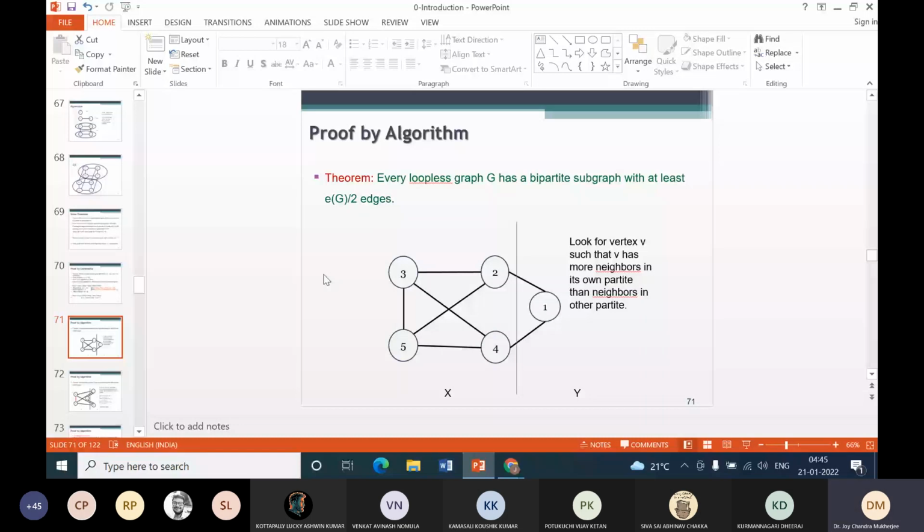Suppose this is the graph. Since we know that in any bipartite graph we have two partites, we arbitrarily choose some partites.